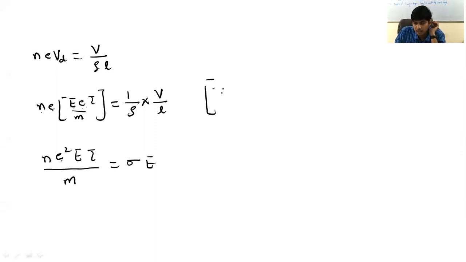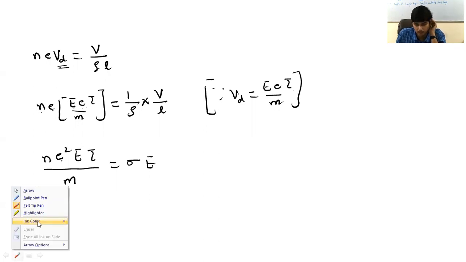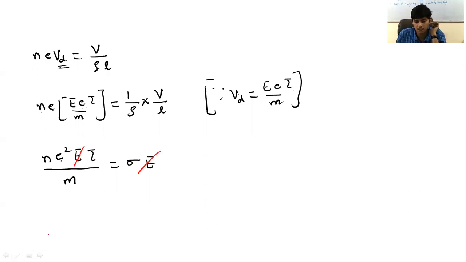Here we have substituted for drift velocity: Vd is equal to capital E, small e, tau divided by M. I have told you tau is called relaxation time. I can now cancel out E and E on both sides, and I will be left with sigma is equal to N e square tau by M.